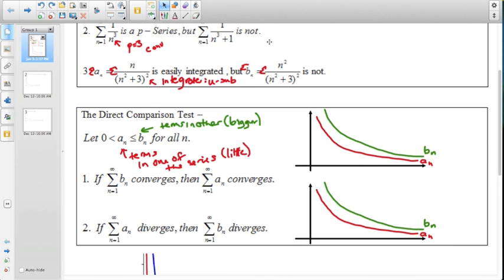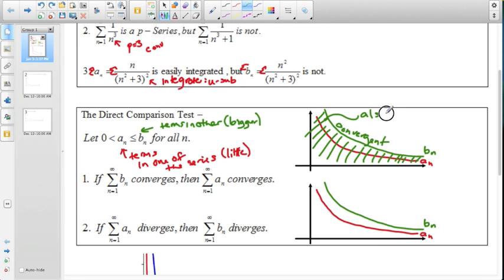For this first statement, if b sub n converges, so if we know that this is convergent, then all of the convergent series lie underneath here. So all of these series are also convergent.